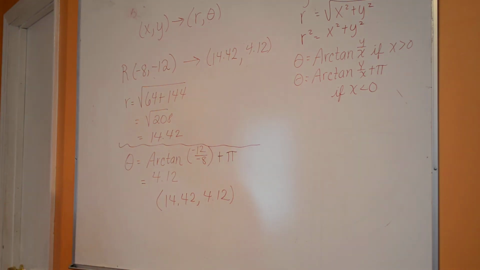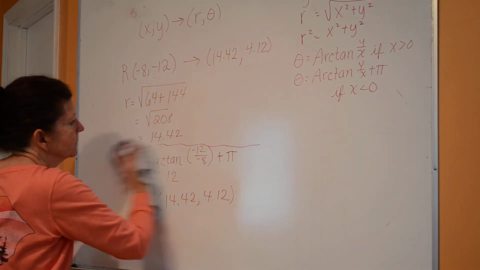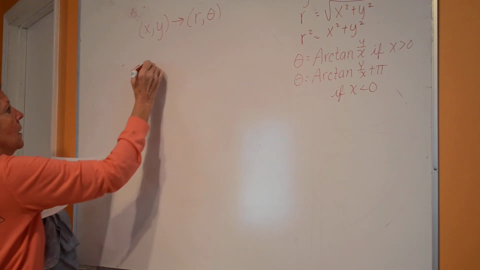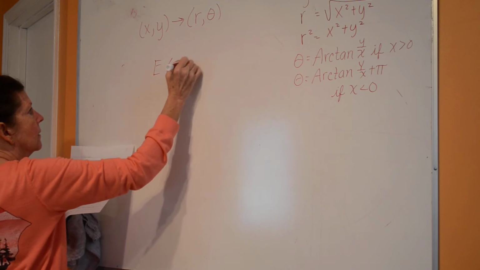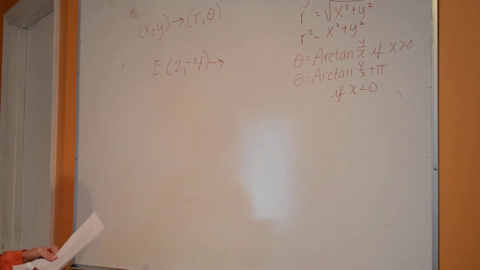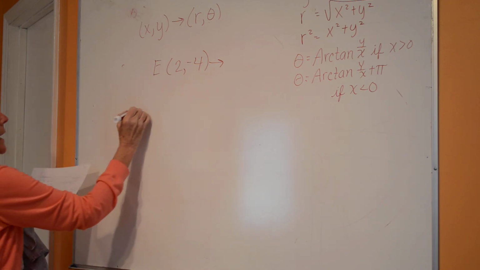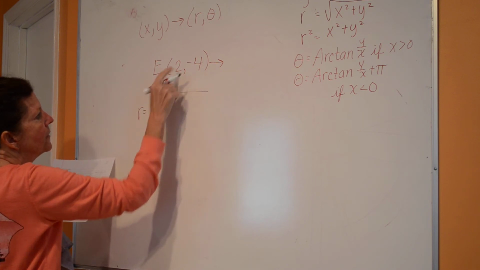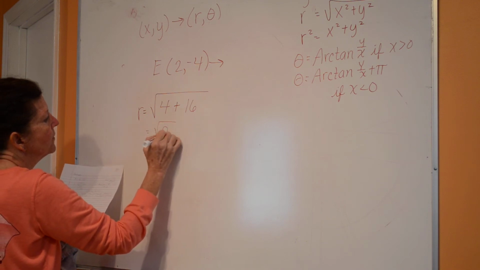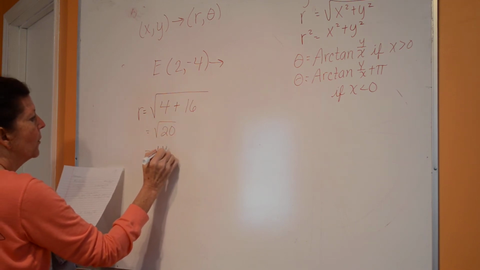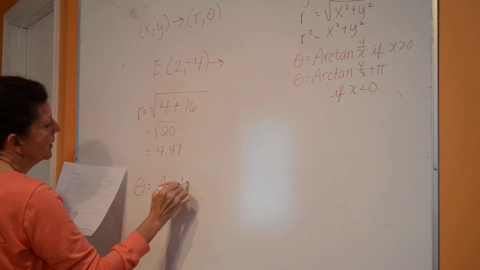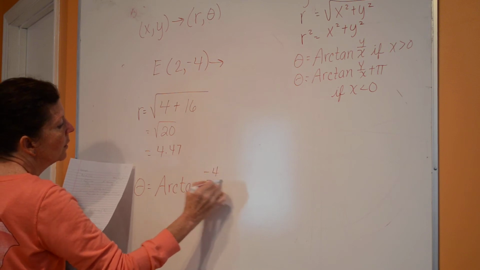All right, now I want you to try one. Convert that rectangular coordinate into a polar coordinate and then come back to the video. All right, r is equal to the square root of this squared plus this squared, which is the square root of 20, or 4.47, and my theta is equal to the arctan of -4 over 2.